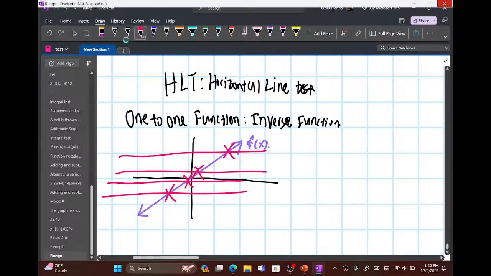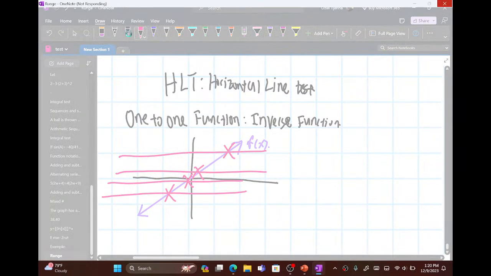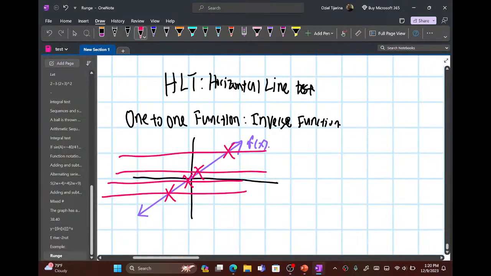So therefore, f of x is one-to-one and has an inverse. So it's really the opposite of when a function is a function graphically. When we do the horizontal line test, that is for inverse functions.